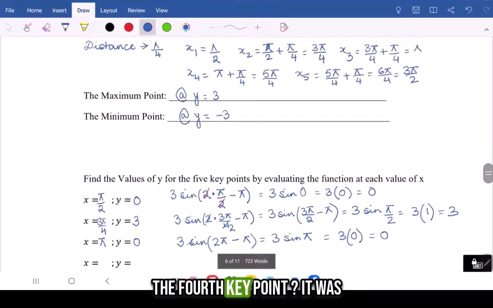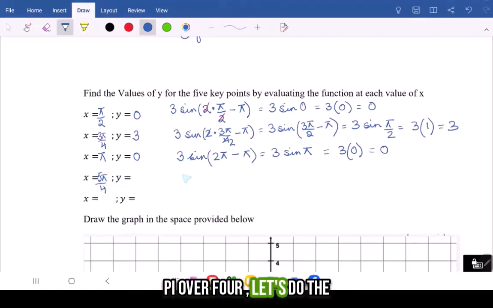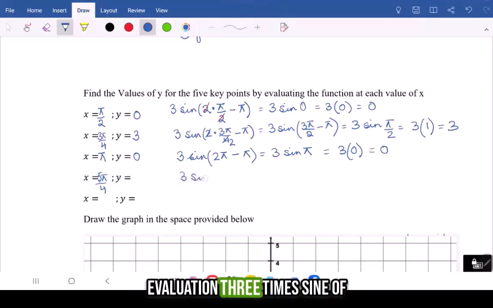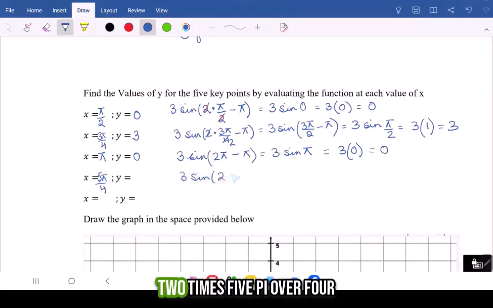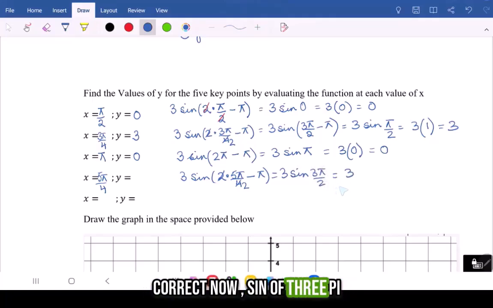What was the fourth key point? It was 5 pi over 4. Therefore, 5 pi over 4. Let's do the evaluation. 3 times sine of 2 times 5 pi over 4 minus pi, which gives us 3 times sine of 3 pi over 2. Correct? Now, sine of 3 pi over 2 is negative 1.